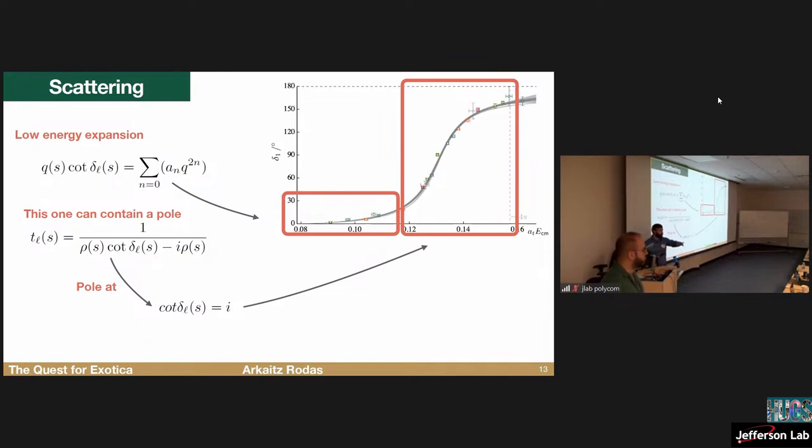Yes, more and more. Sorry to interrupt you, but just before we go into that, we can describe this full energy region with this expansion with 3 parameters. 2 parameters more or less describes it. 3 is perfect. So it's not that we need 20 for that. But yes, the larger the energy region, the more parameters we need.